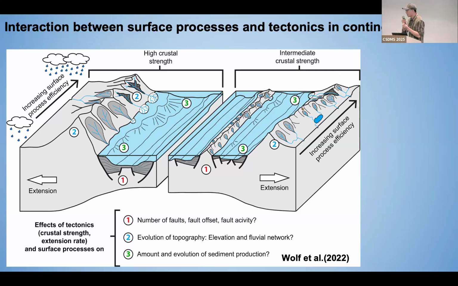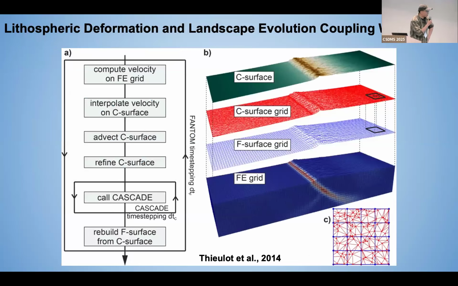So all those elements come together in continental rifts. That's why we need a coupled model of geodynamics and landscape evolution. This effort goes back 11 years, to Yale Law in 2014. This is a 3D coupled model between Fenton and Cascade.